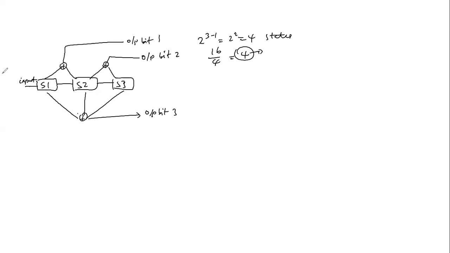So let's say we have this. We are now going to have this. We need 16 possible code words.